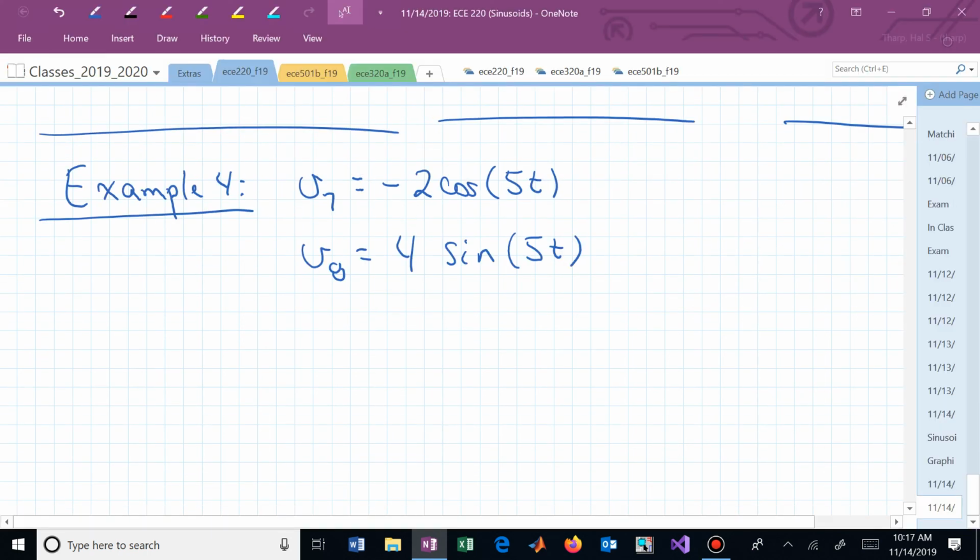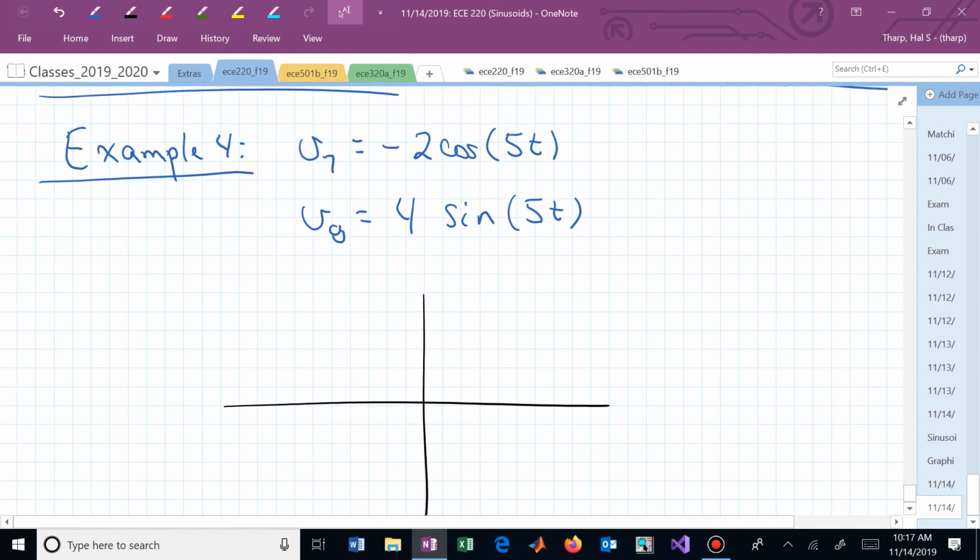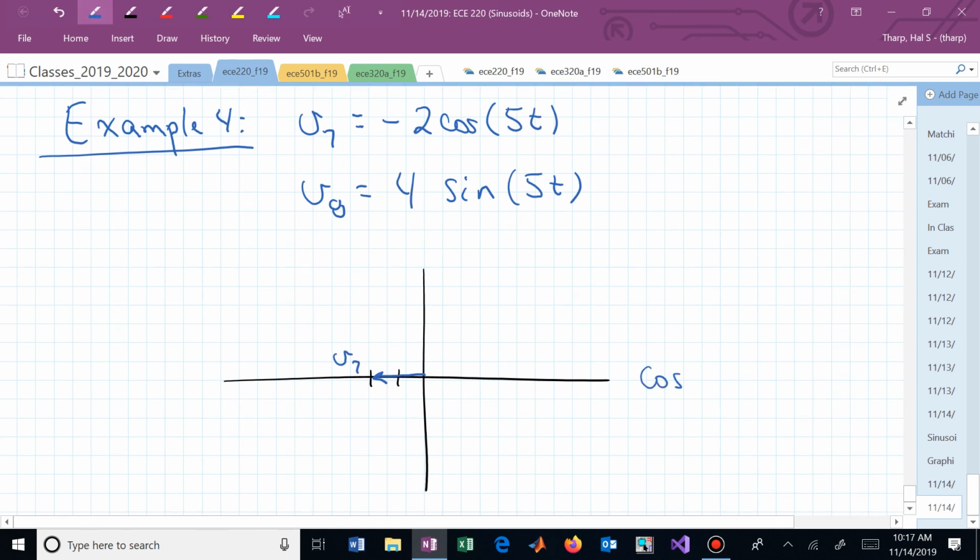We now want to sketch that on our graphical tool. We have minus 2, so if we're now over here at minus 2, this is now V sub 7. And V sub 8, this is the cosine axis.